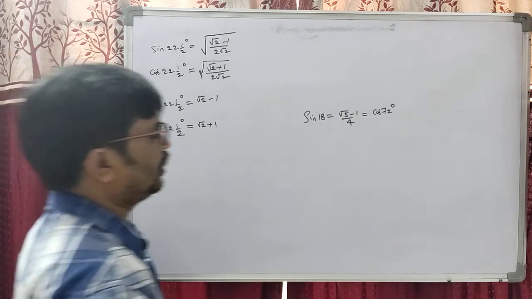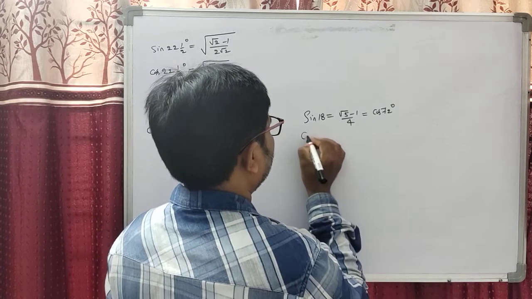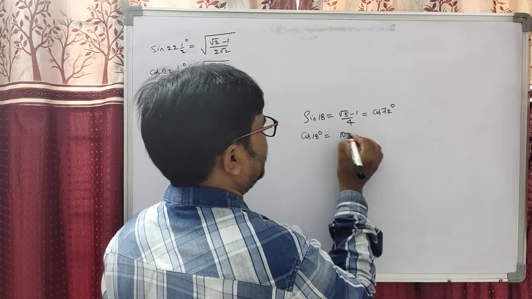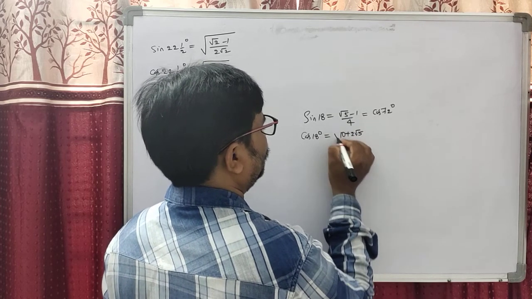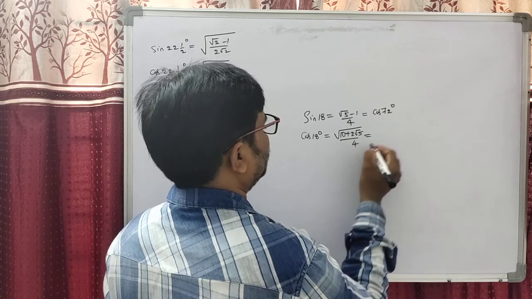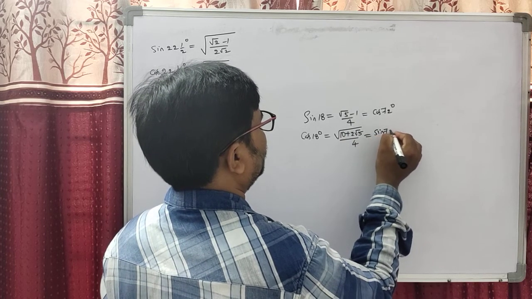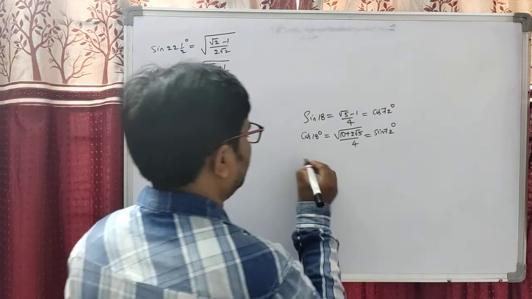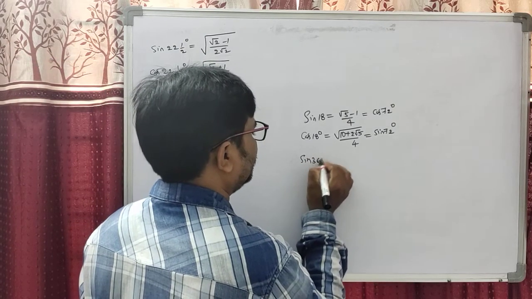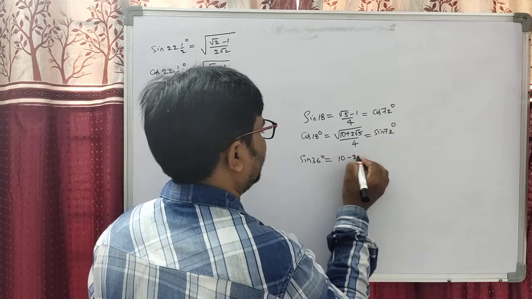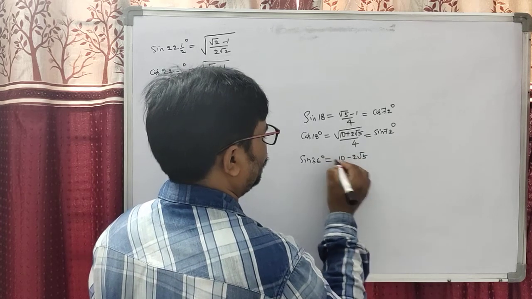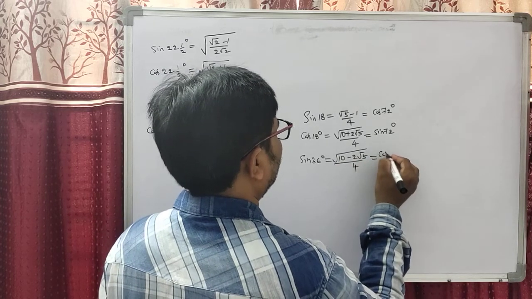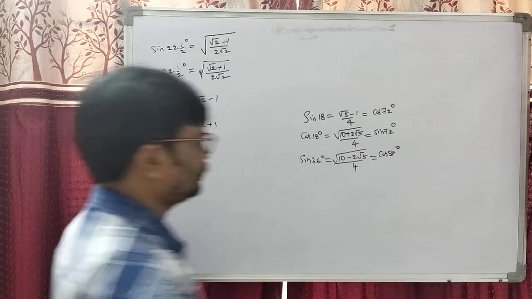Then cos of 18 degrees is root of (10 plus 2 root 5) by 4, this is sin of 72 degrees. Then you can find sin of 36 degrees is root of (10 minus 2 root 5) by 4. This is cos of 54 degrees.